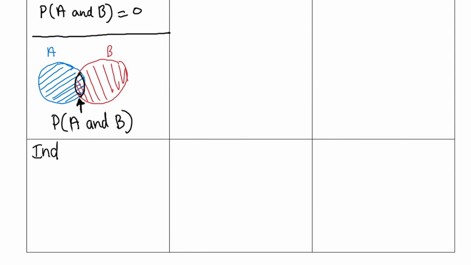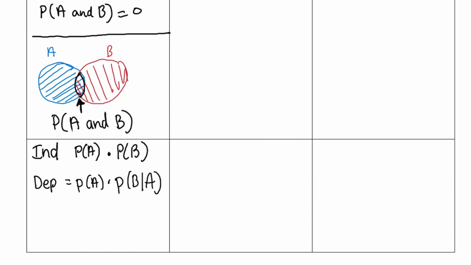Now remember, just a quick refresher, if the events A and B are independent, then you take the probability of A times the probability of B if you're trying to find the probability of A and B happening. If the probabilities are dependent, then you're going to take the probability of A and multiply it times the probability of B happening, given that we know A already happened.